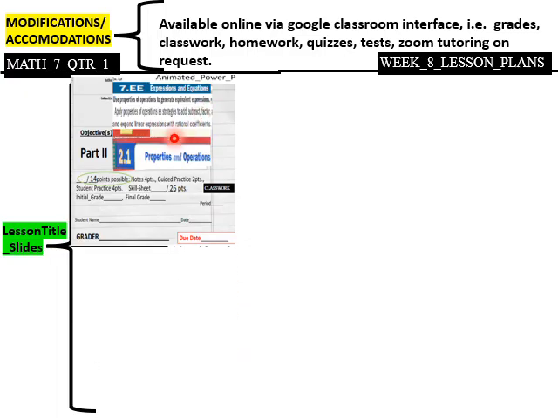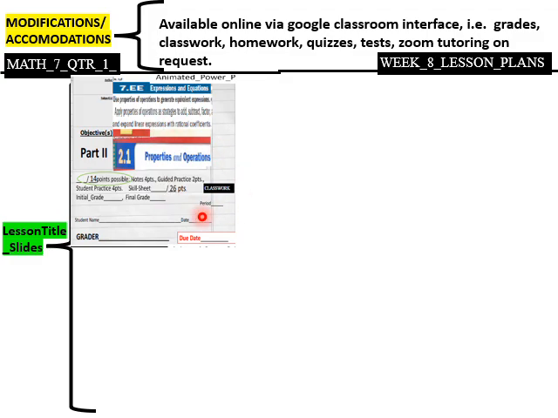We start out here with our first lesson for Week 8, which is properties and operations. This is part 2, 2.1 Part 2, and we use the 7.EE standard here, expressions and equations. Use properties of operations to generate expressions, apply properties of operations as strategies to add, subtract, factor, and expand linear expressions with rational coefficients.